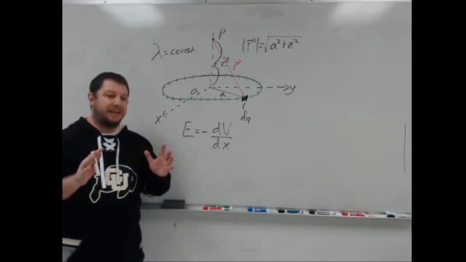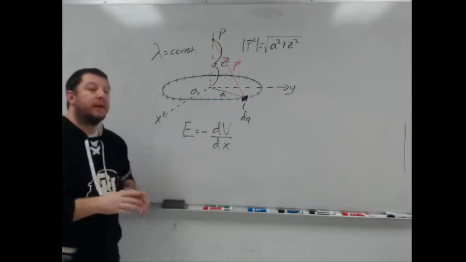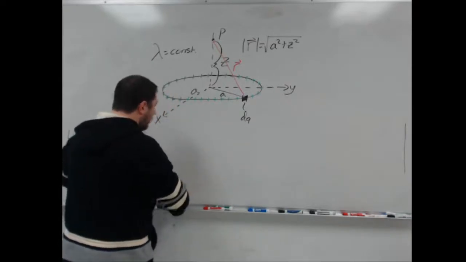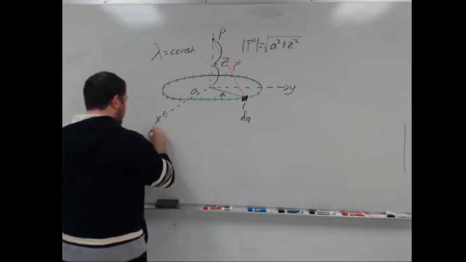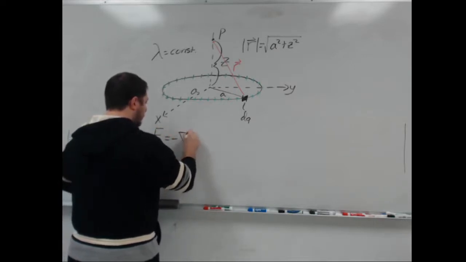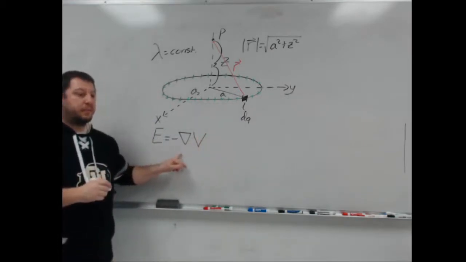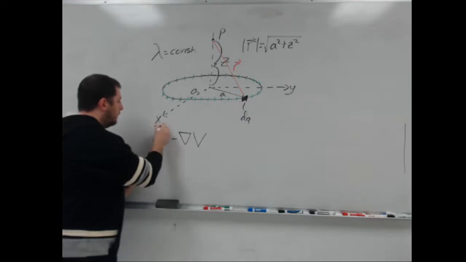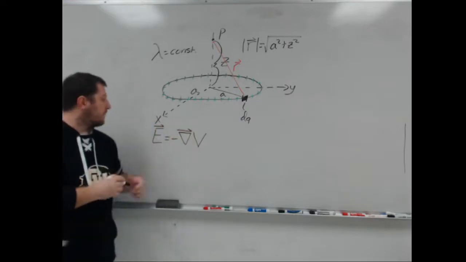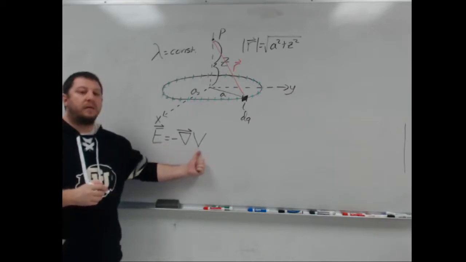And precisely what the actual expression is in its full glory looks like this. Okay, so this symbol, and this is how we recover the vector nature out of this, okay? So E is equal to the negative gradient operator on the potential.